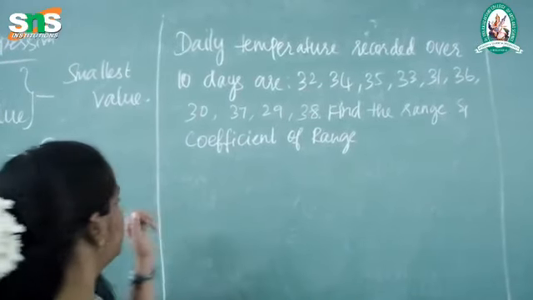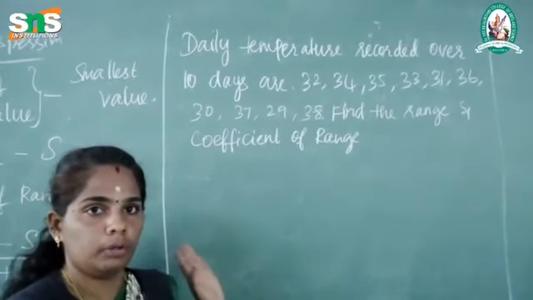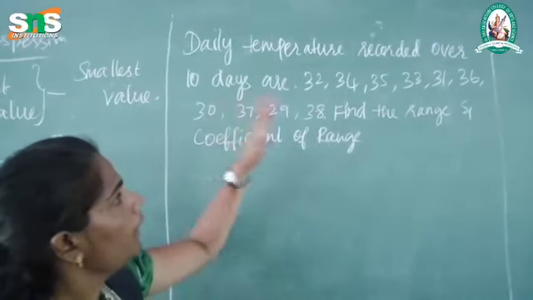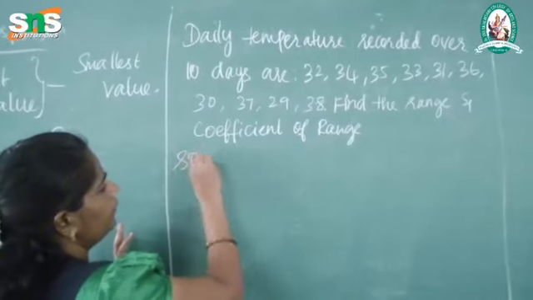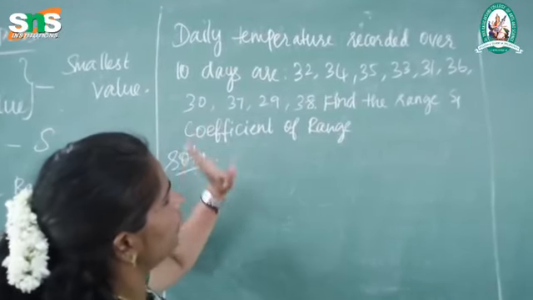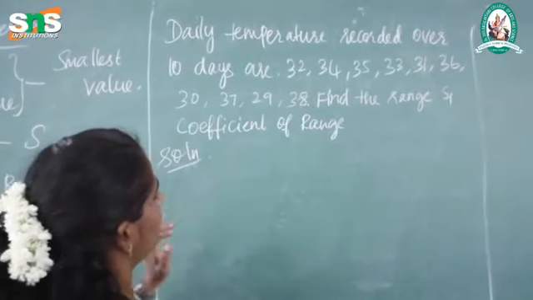We know that to find the range and the coefficient of range, we have to find the largest value and the smallest value. From the given data itself, we can identify the largest value and the smallest value. Here the largest value is 38.